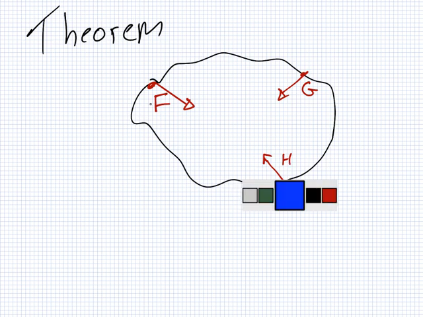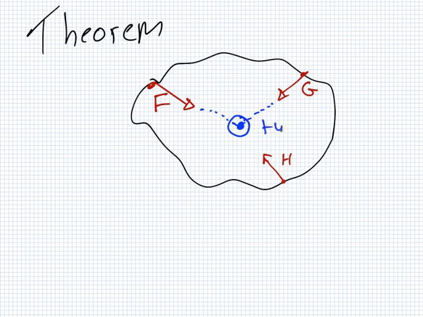Well, let's just look at F and G. We all agree that F and G, unless they're parallel, will meet, because they're two lines. Where they meet, I'll take this as the turning point, because remember last time I showed you it doesn't matter where you put the turning point, you still get the same answer.